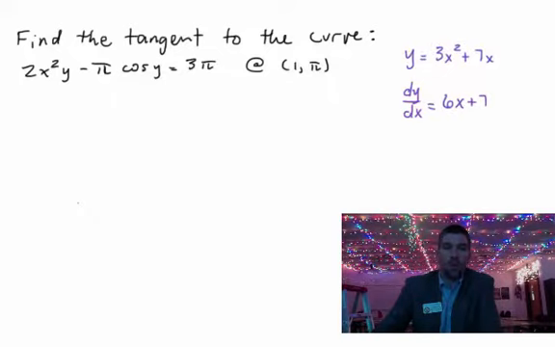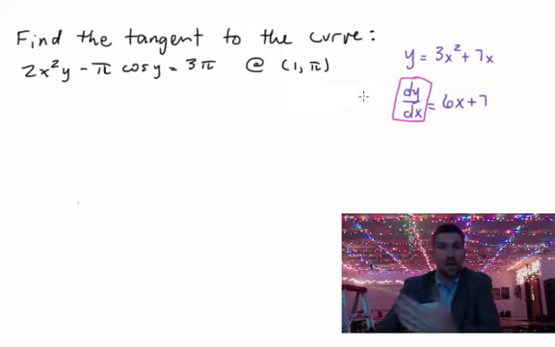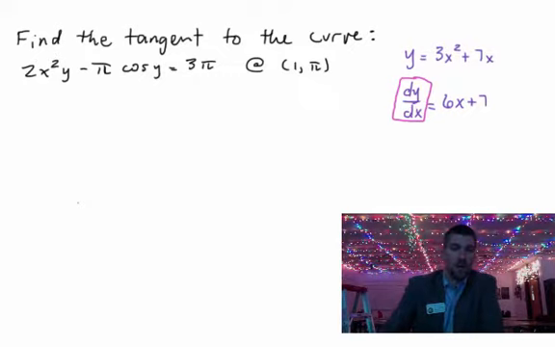What we're really interested in for today's lesson is this dy/dx part right here. That is the derivative of y. So anytime you take the derivative of y, you're going to have dy/dx. Okay? Alright, good talk. Here we go.